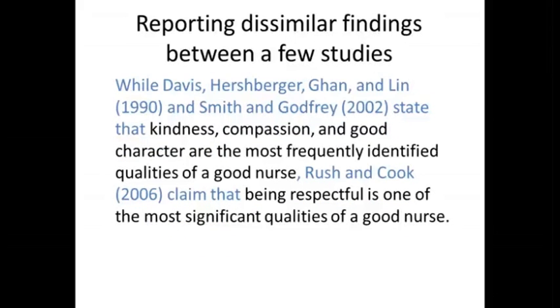Dissimilar findings are quite common when reporting research literature, and there are a number of ways to represent these controversies in the research literature on your topic. One way is to use the word while and a comma.